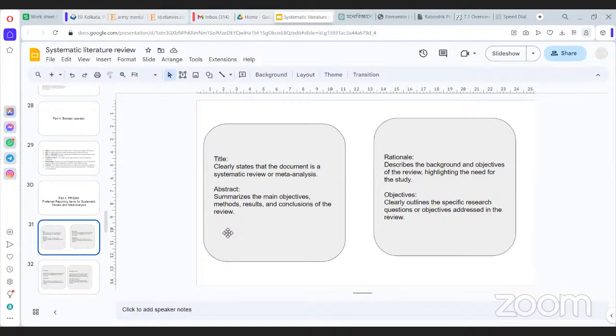Yes, sir. Because you are collecting the primary data, and your results will be based upon your primary data. But here, there are some studies and the authors give importance to meta-analysis or systematic review, so they are not collecting the primary data.